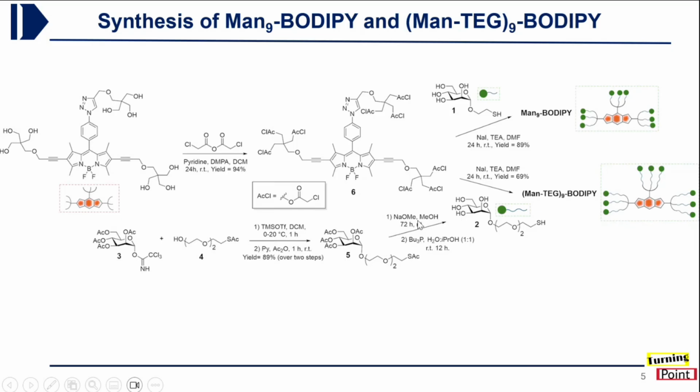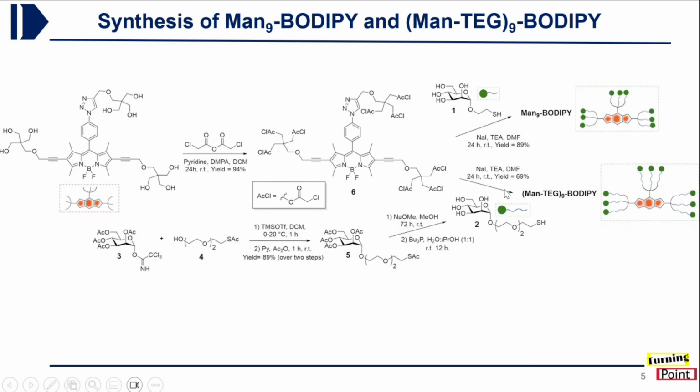Further, with sodium methoxide and methanol, they deacetylated the compound, so all the acetyl groups now become OH, and the thioacetyl group also becomes SH. Then they used Bu3P, water, and isopropanol at room temperature for 12 hours, as a reducing agent. Sometimes a dimer forms, with a disulfide bond between the two thiols.